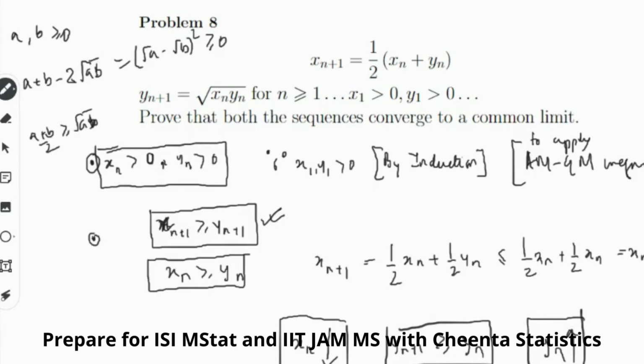Did you get it, guys? yn is increasing and xn is decreasing. Did you get this, guys? All of you? Yes, yes, sir. So please raise your hand if you didn't understand this. I didn't get how yn plus 1 is greater than yn. Oh, so xn is greater than or equal to yn, so xn is greater than or equal to yn square.